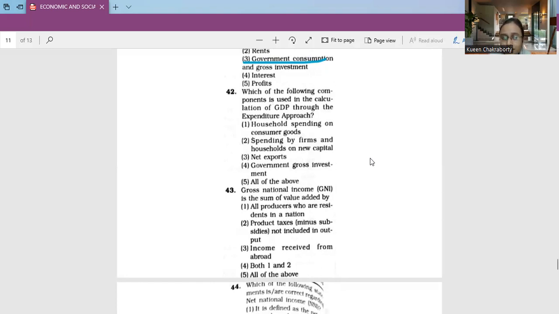That is through the equation GDP is equal to C plus I plus G plus, within brackets, EX minus IN, or you can even say net exports. So accordingly, I have all of the above as my correct option, that is option number 5. I will mark this as option number 5.